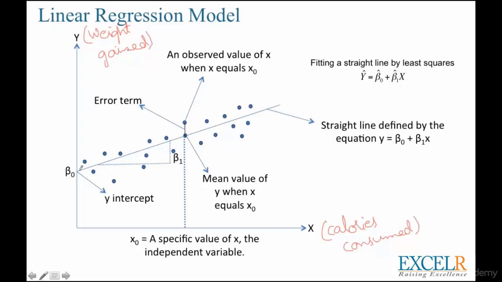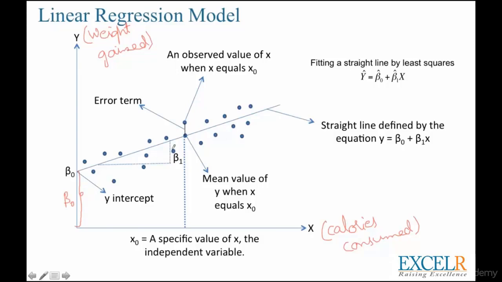And if you draw a straight line like that, that is called the equation of the regression line, prediction line, or fitted line. And that is given by y is equal to beta naught plus beta 1 x. Now, this is called the y-intercept. The place where your line intercepts your y-axis is called the y-intercept, and that is nothing but your beta naught value.